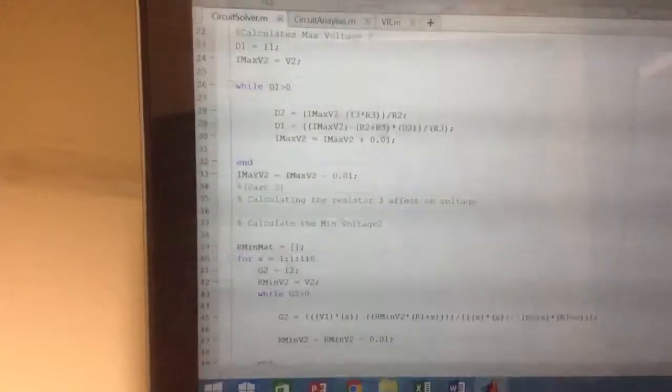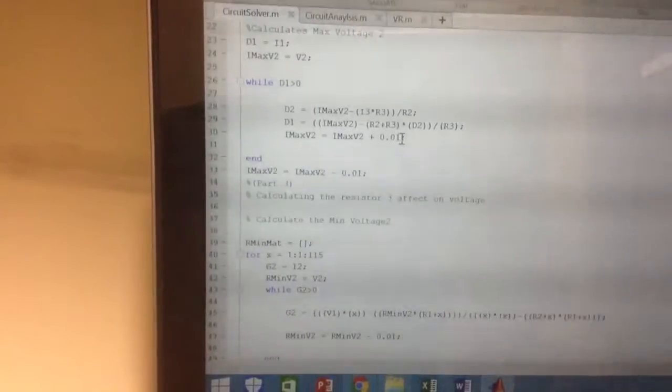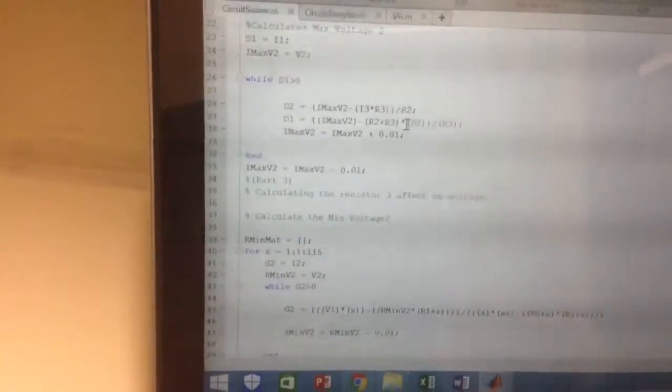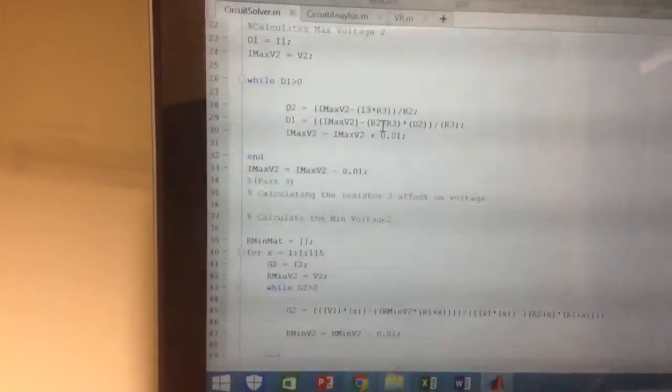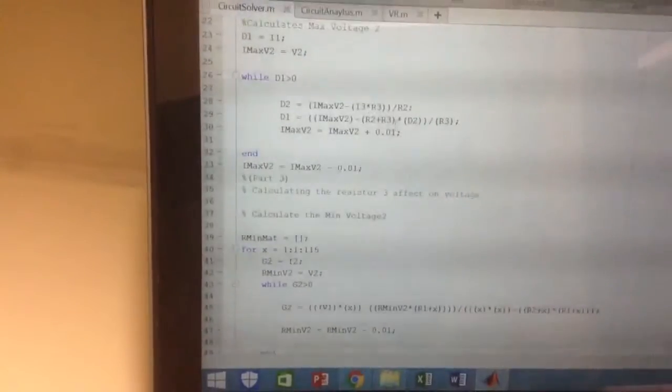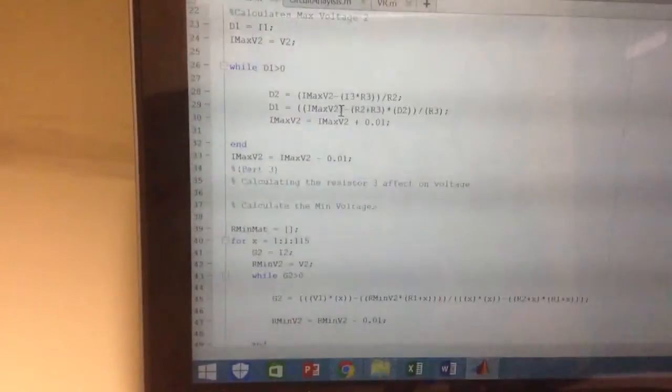But because V2 just becomes bigger a little bit, each time we just add 0.01. But if D2 becomes bigger, it's always multiplied by R3, R2 and R3. So the amount it changes is much bigger than the amount this one changes. This one increased more, this one increased less. So it's so fast, it's so easy to get.